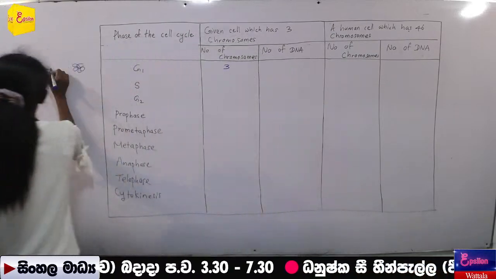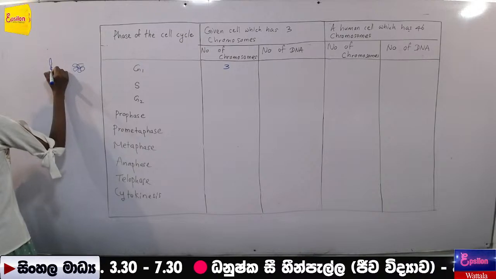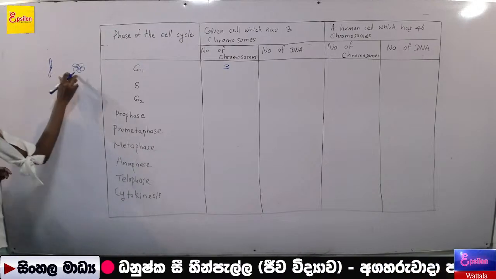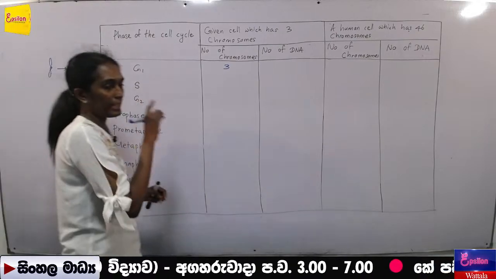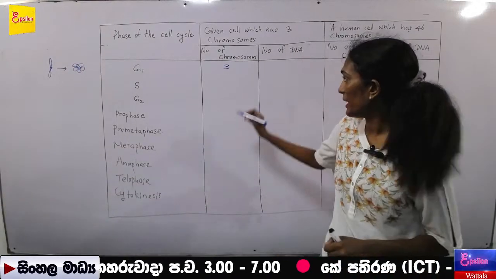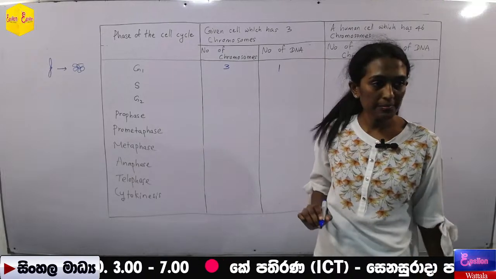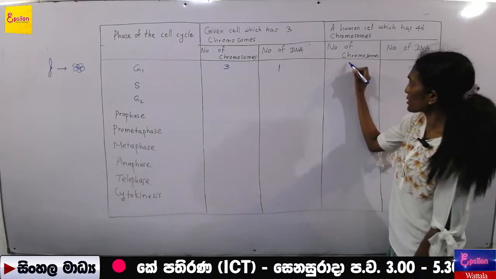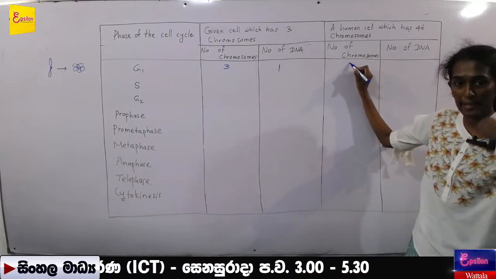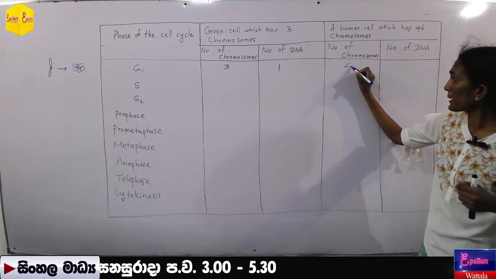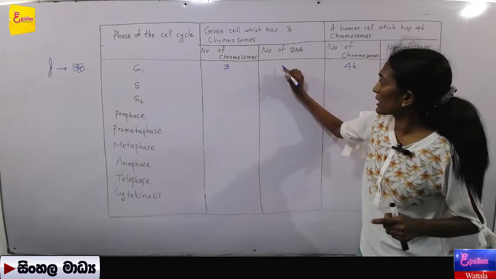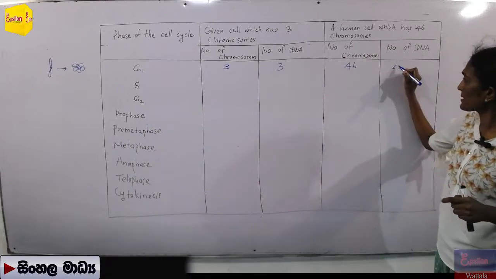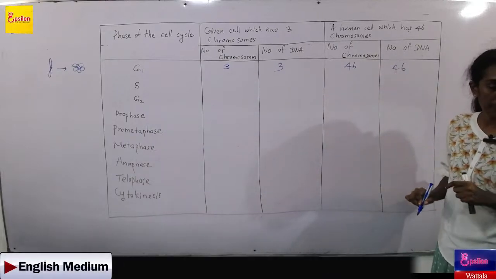So this has how many DNA? 1 DNA. Okay? How many chromosomes are there in a human cell? 46. So here again 1 into 3, so here 3, here it is 46. Am I correct now?